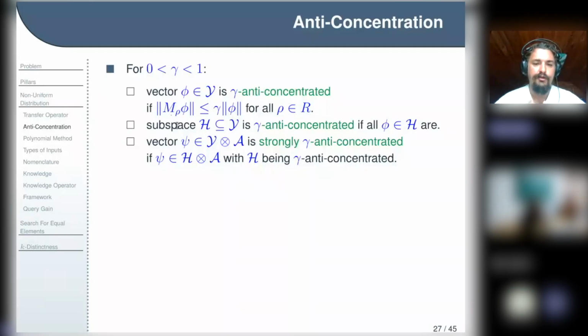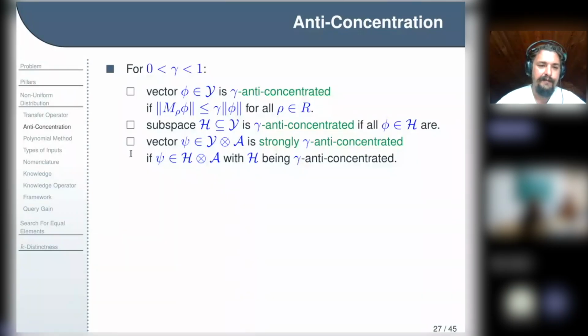Okay, then two more technicalities. A subspace of y, so h of y, is gamma anti-concentrated if all vectors in this subspace are. Just to warn you, this anti-concentration is not closed under addition. So the set of anti-concentrated vectors is not a linear subspace. But in this case, I'm just considering that this subspace happens to consist of all anti-concentrated vectors.